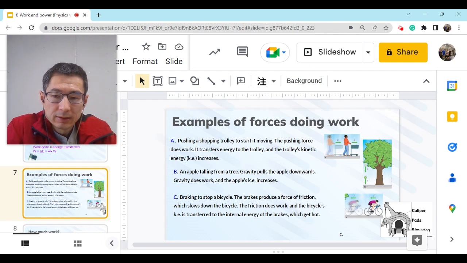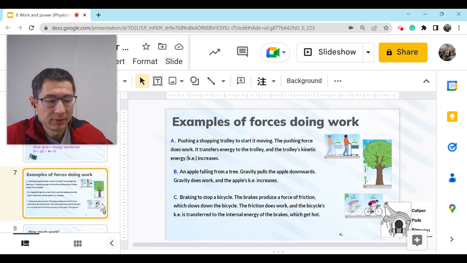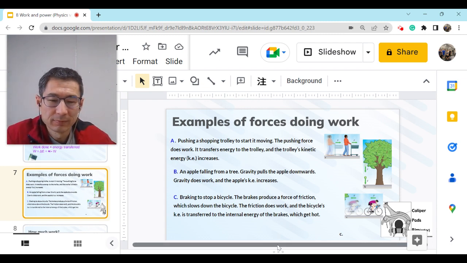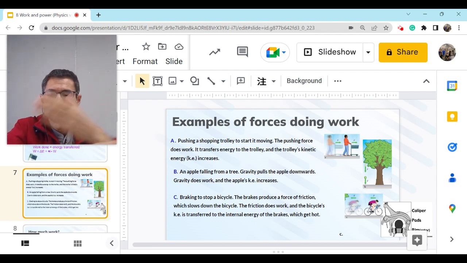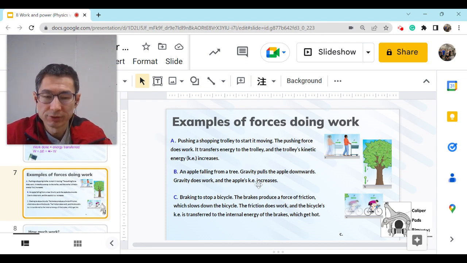The next one is braking to stop a bicycle. I'm riding a bicycle at high speed, but then I'm coming to a junction or I need to turn. So I'm applying brakes. The brakes produce a force of friction, which slows down the bicycle.